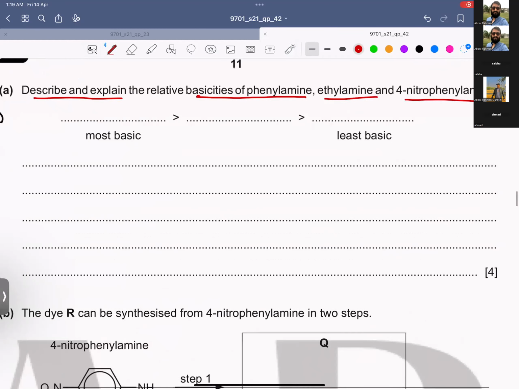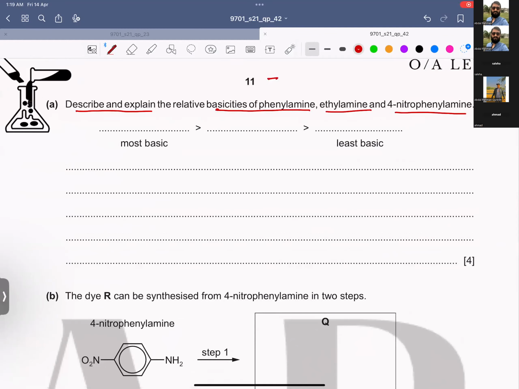Okay. So phenylamine is this structure. Ethylamine is this structure. And 4-nitrophenylamine is this structure.